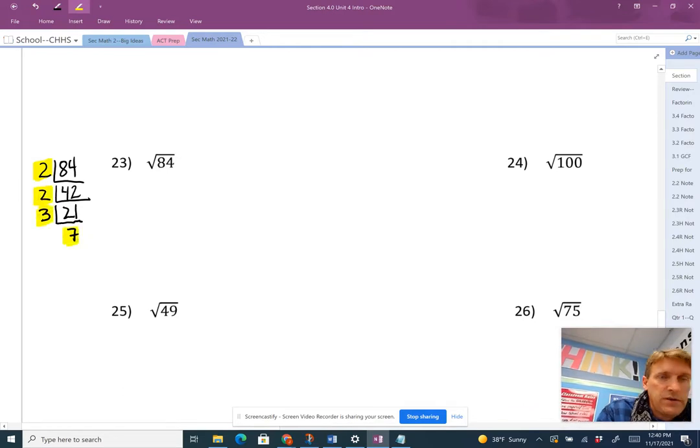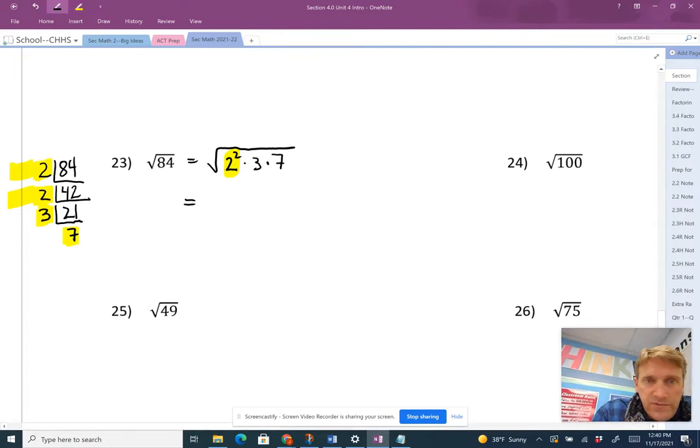3, and 7. And so I can rewrite the square root of 84 as the square root of 2 times itself 2 times, so that's 2 squared, times 3 times 7. And this 2 squared, which is the 2 times the 2, is the opposite of, like, square root is squaring, and so they undo each other.